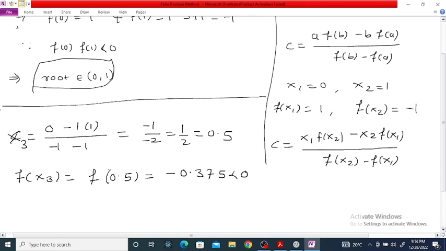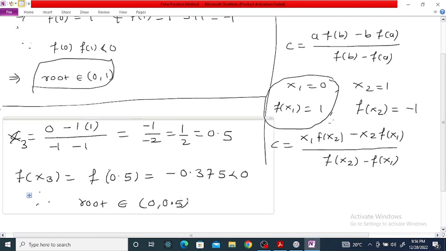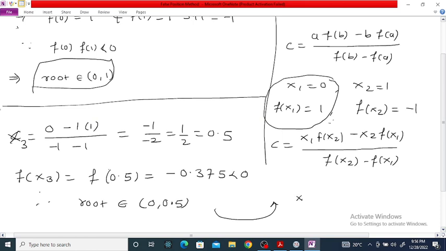Since f(x1) is positive, a root lies in the interval 0 to 0.5, and so on. Again we apply the same process: consider x1 = 0, x2 = 0.5, and find f(x1) and f(x2). Continue this process.